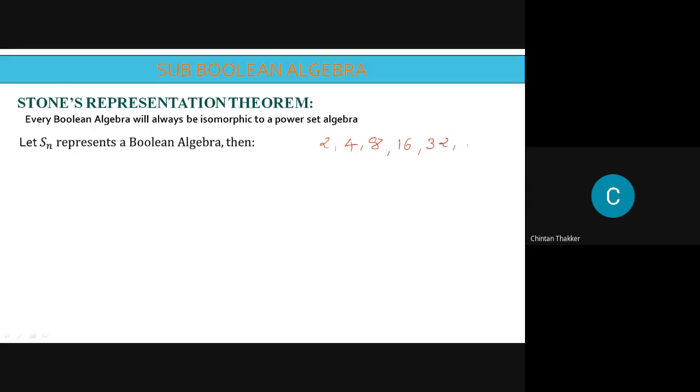Okay, every Boolean algebra has elements in the form of 2 raised to n. Now using this, we generate the sub-Boolean algebra. We generate the sub-Boolean algebra using atoms.